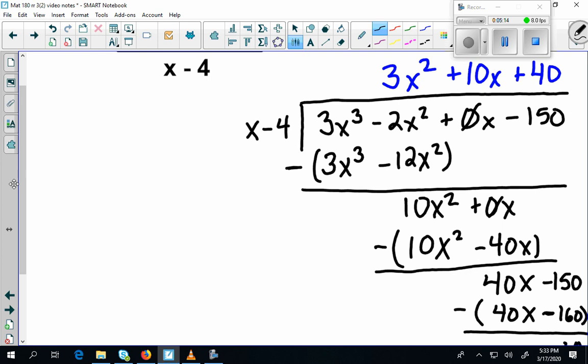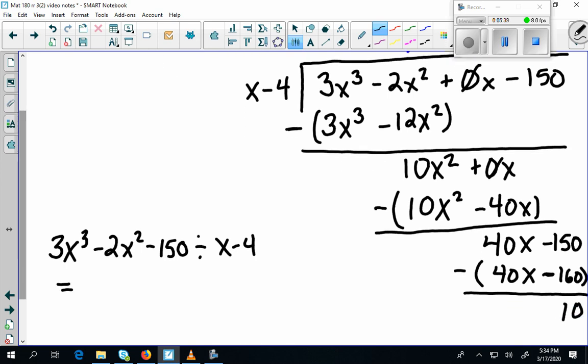So my answer to this whole thing, if I'm looking at this, I had 3x cubed minus 2x squared minus 150 divided by x minus 4.